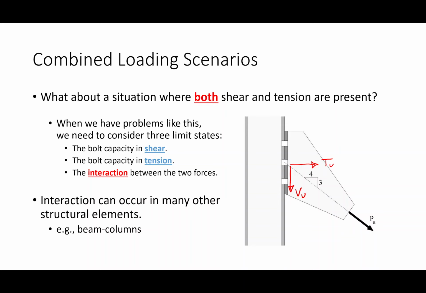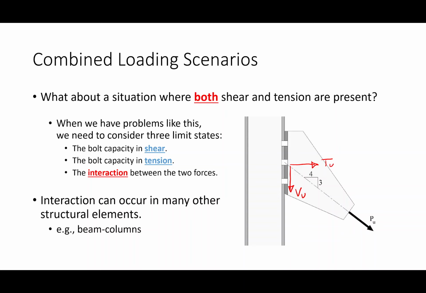That term interaction, I'm going to talk about here in a little bit. But I will say that interaction is something that happens in a number of different situations in structural engineering. From a code check standpoint, typically the way interaction works, like with a beam column in steel design, you compute the axial capacity, you compute the flexural capacity, and then you throw it into an interaction equation.